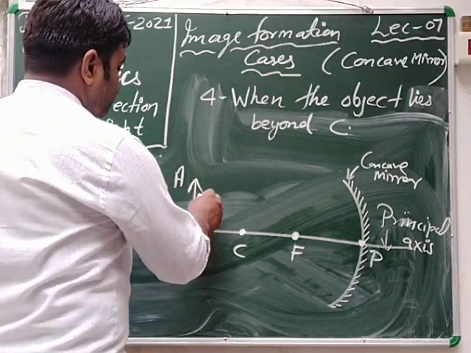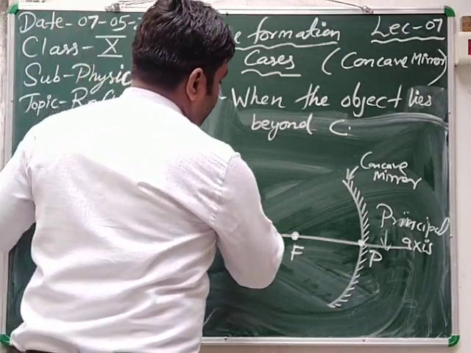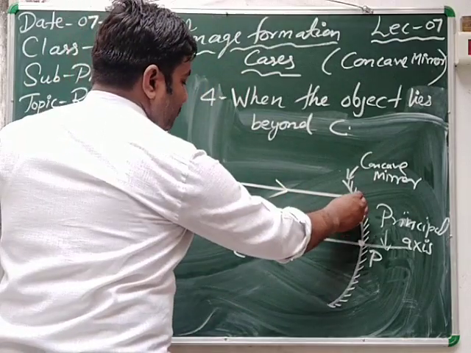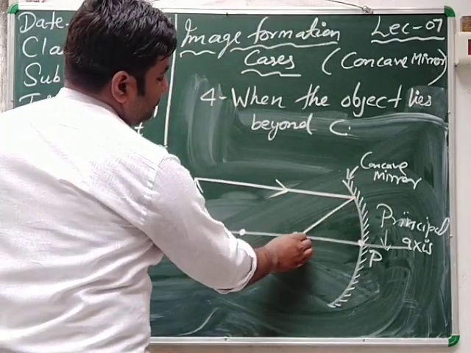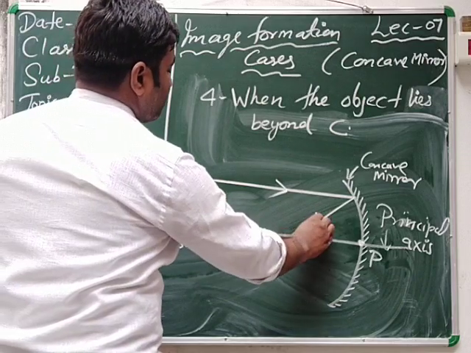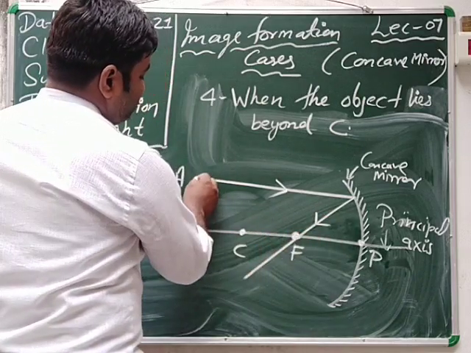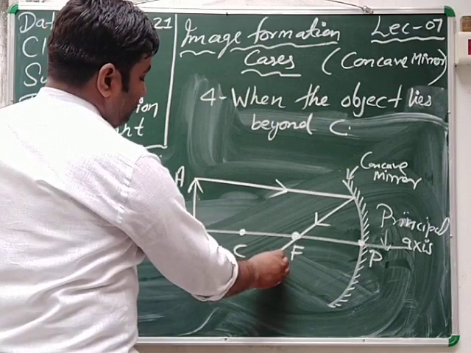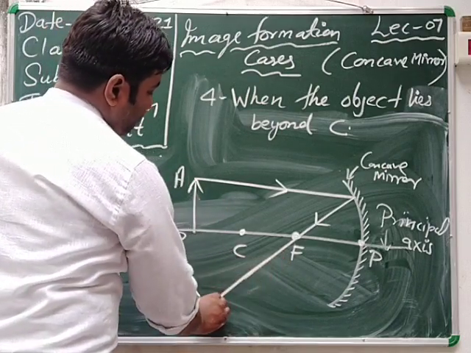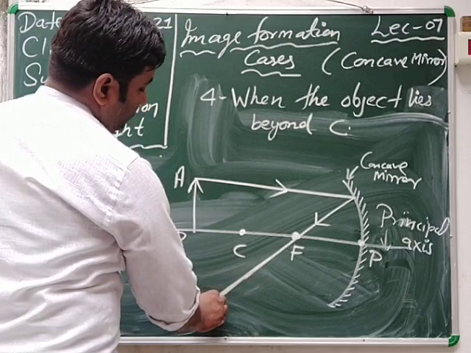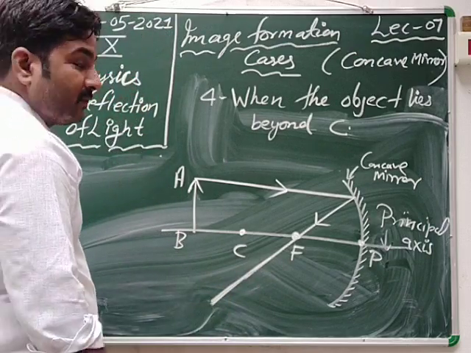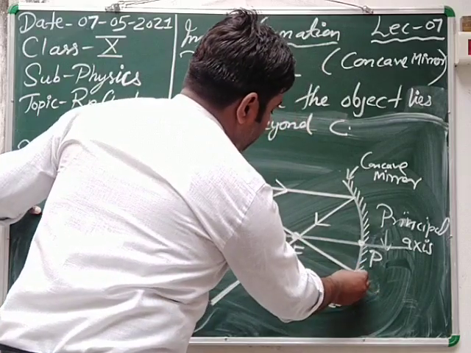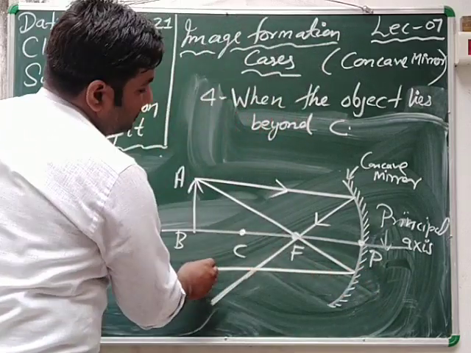Then 2 rays taken, one parallel to principal axis, then passes through focus, and second passes through focus, then parallel to principal axis.